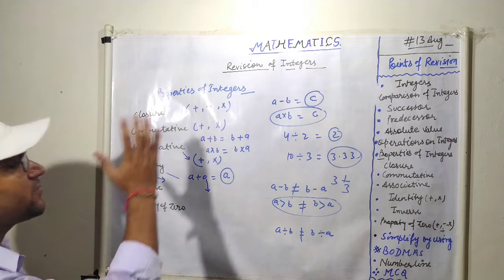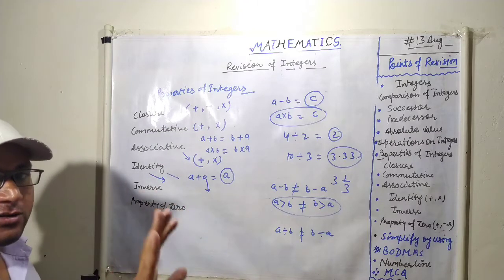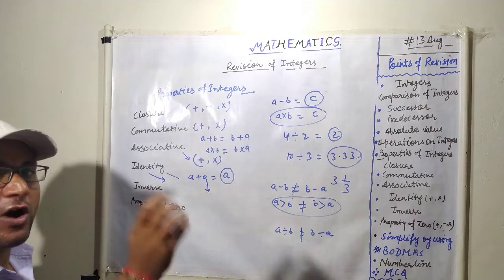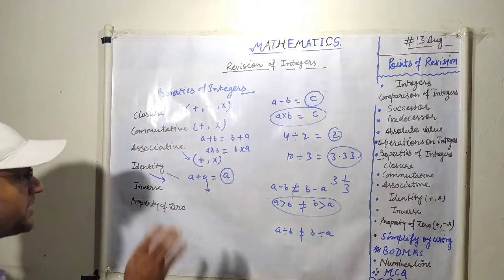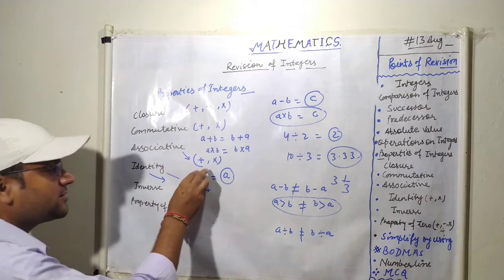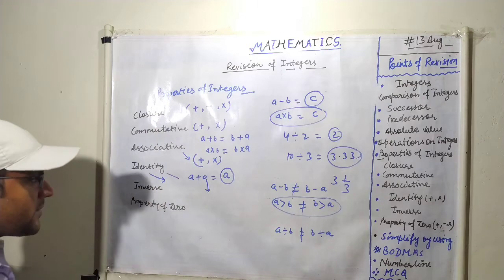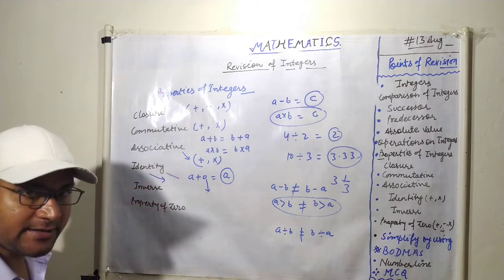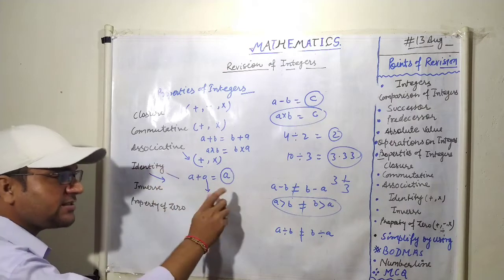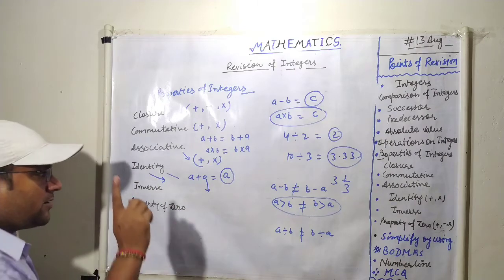It is the same for subtraction also. If you subtract 0 from any integer, you get the same value. So 0 is also an identity for subtraction, but basically it is considered the additive identity for addition. If by adding or subtracting there is no change, then 0 is the identity for that.